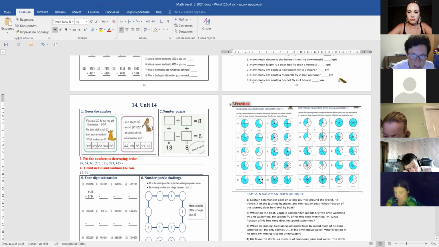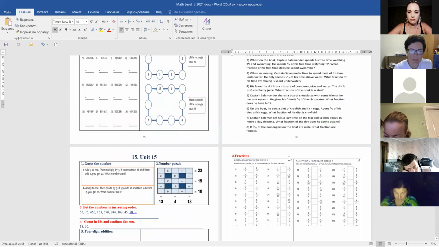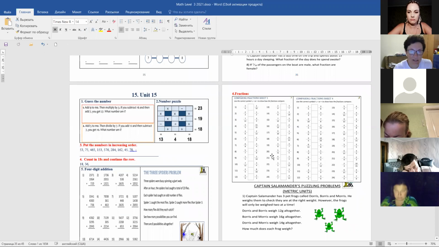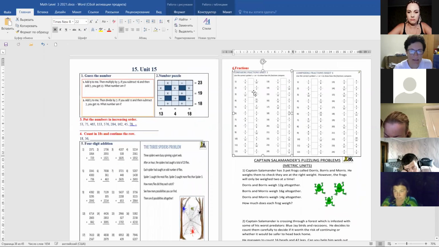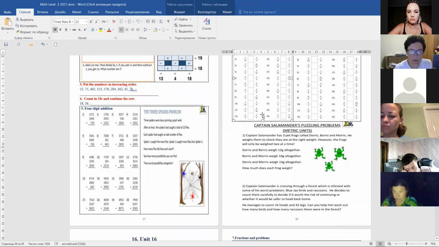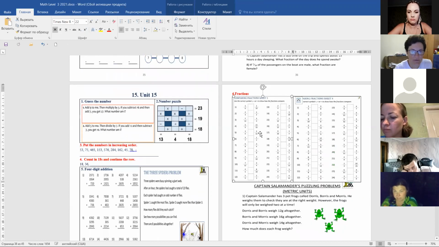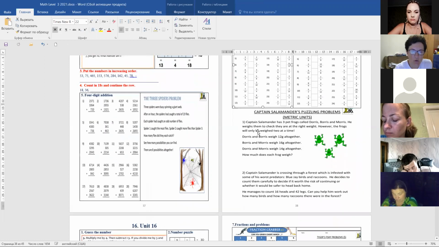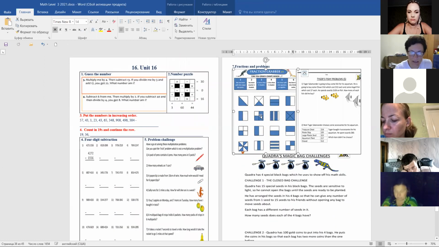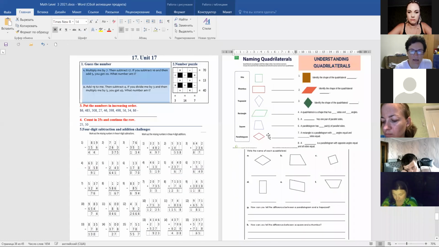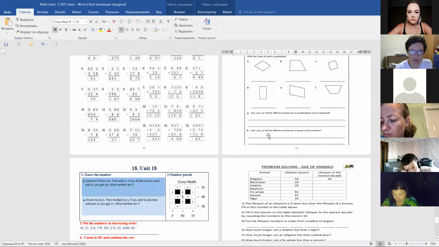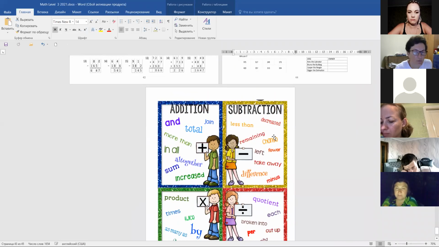No, these are good. They are equivalent fractions. You will need to spot where these fractions are difficult. She said the children are unable to do this. Page 38 is really difficult. Then again fractions and naming quadrilaterals and so on and so forth.